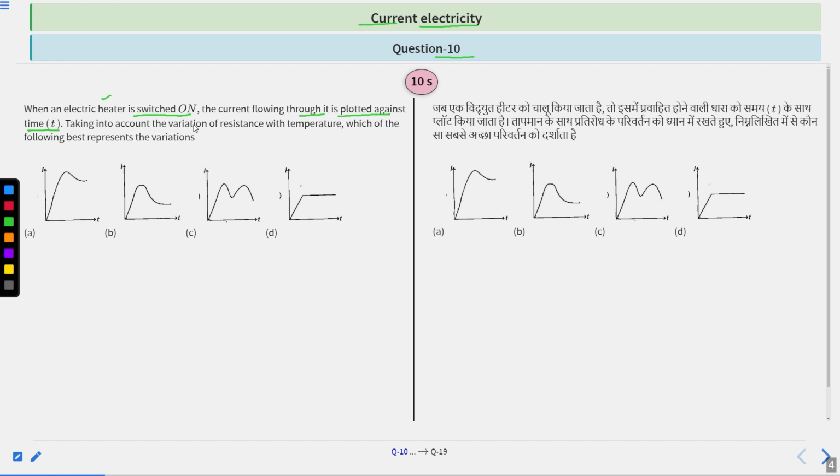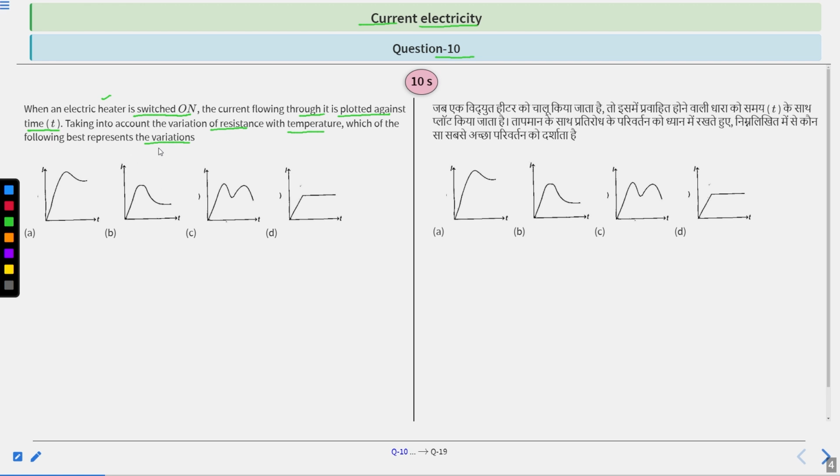Taking into account the variation of resistance with temperature, which of the following best represents the variations? Which of the graphs A, B, C or D is the best representation of the variations?